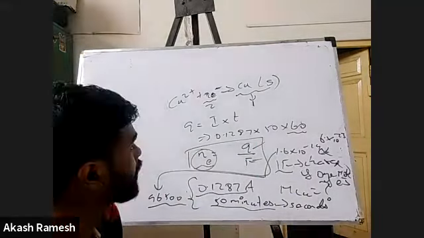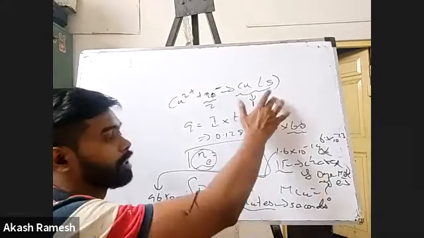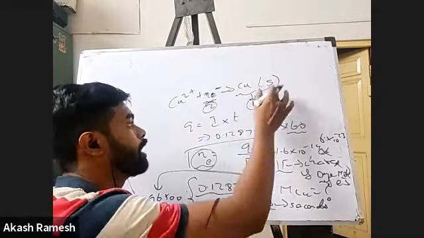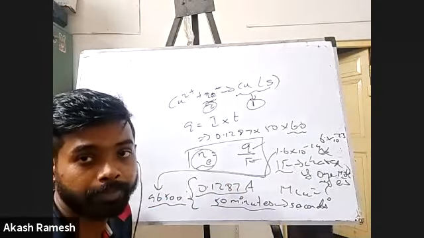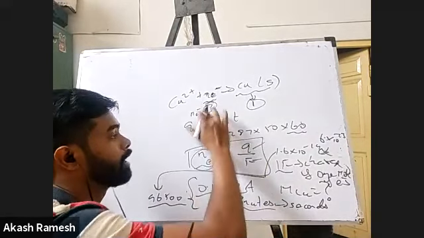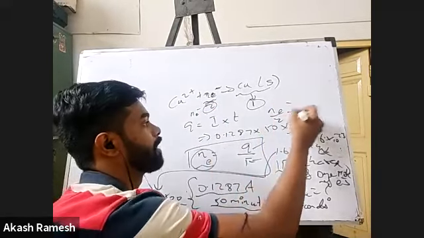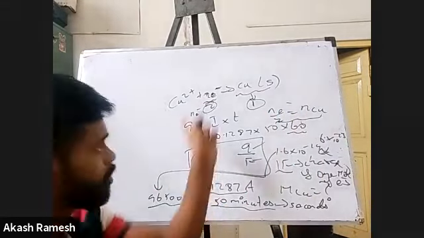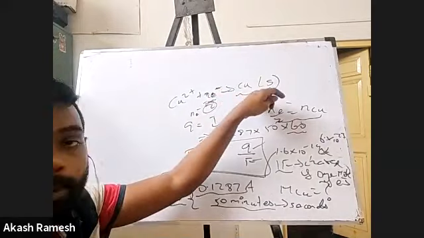Okay. So after finding out the number of moles of electron, the problem is very simple. Now you see for 2 moles of electron, I get 1 mole of copper. Right. So whatever the number of moles of electron you get, that divided by 2 is going to be my number of moles of copper. This is from stoichiometry. 2 moles of electron gives 1 mole of copper.